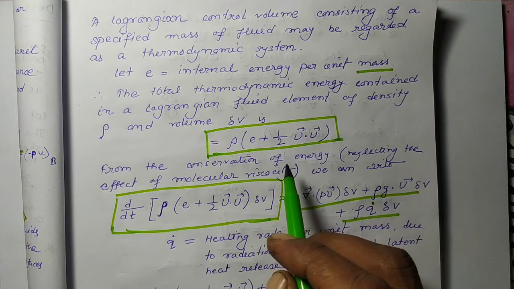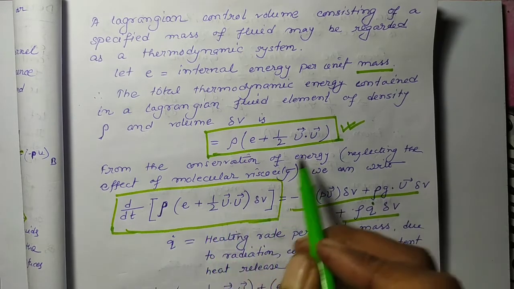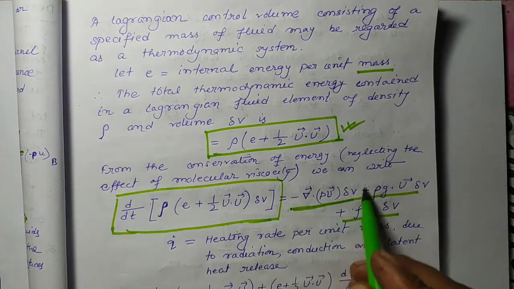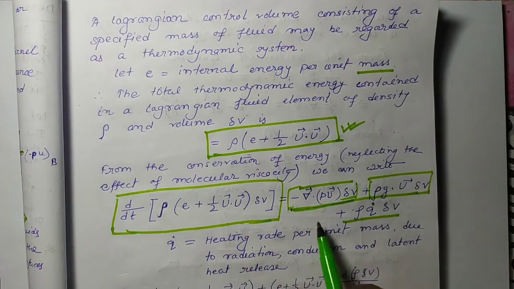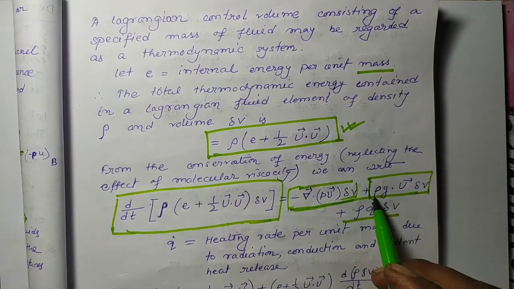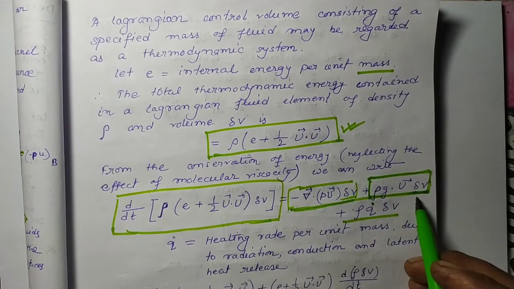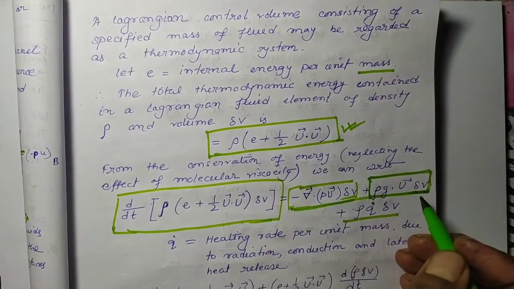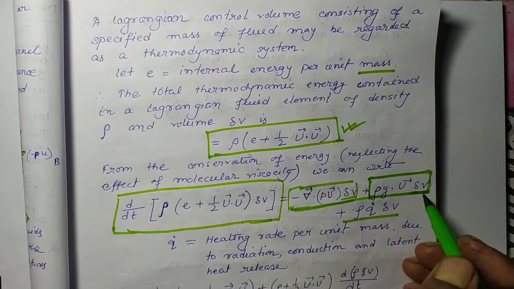Now, from the conservation of energy, this energy should be equal to the other energies on the system. So the rate of change of this equals the thermodynamic energy we have already derived. This part comes from the body force energy, like the gravitational energy and the Coriolis force. But as the Coriolis force acting on a system is perpendicular to the velocity, the Coriolis parameter is not here.